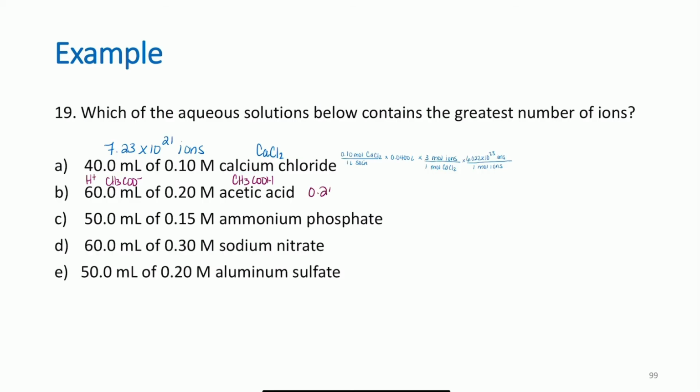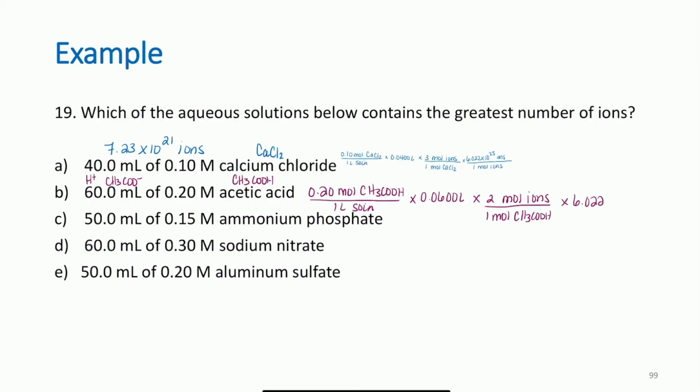I have 0.2 molar, which is 0.2 moles of acetic acid in 1 liter of solution, times 60 mL, which is 0.0600 liters, 2 moles of ions. I know it won't actually break up into that many ions, but you'll learn more about that in second semester. 1 mole of acetic acid.